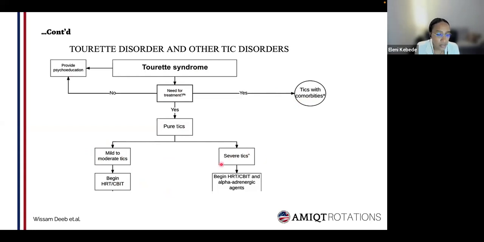For severe tics, we can combine behavioral treatment with pharmacologic, which is alpha-adrenergic agent is considered to be first line currently. So what we have to know is American Academy of Neurology suggests that education behavioral treatment should be considered for everybody with Tourette's, even if it's mild, if accessible.